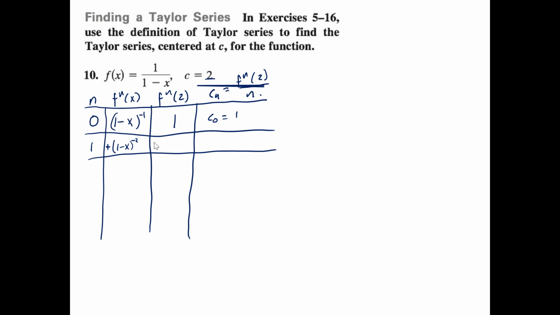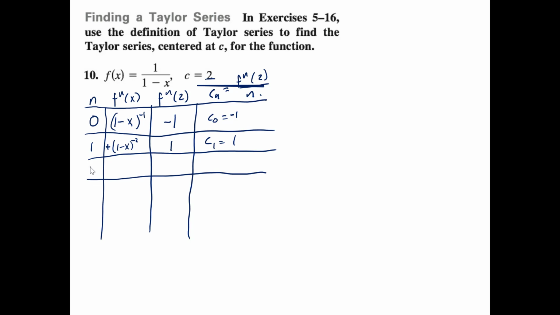When you put in 2, 1 minus 2 is negative 1, and negative 1 to the negative 2 power is 1. And so then C1 is positive 1, C naught is negative 1.